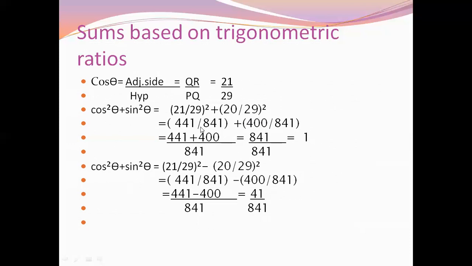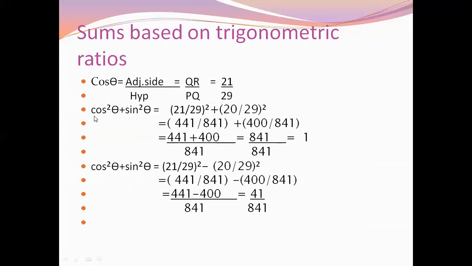Let us take the LCM of these two fractions. The common denominator is 841. The first numerator is 441 plus the second numerator 400. Add both: 441 plus 400 is 841 by 841, which is equal to 1.